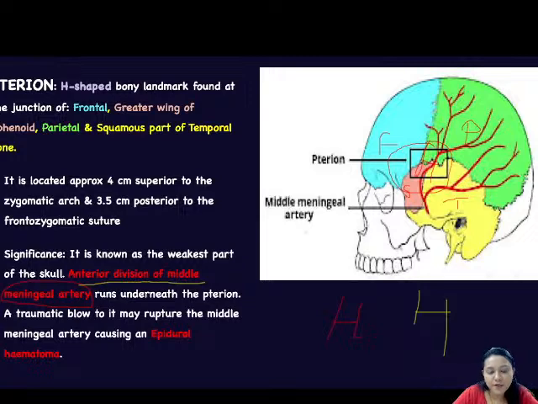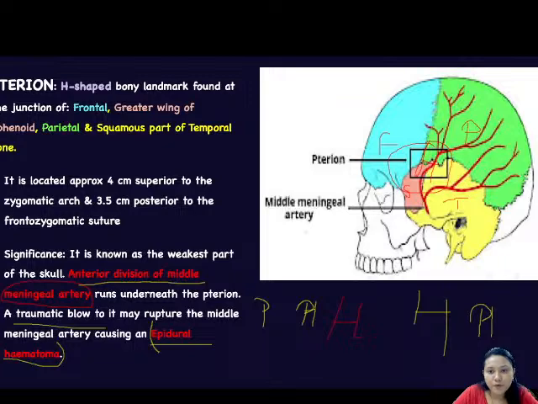This is the weakest point of your skull, so any traumatic blow to it will rupture this artery. And if there is a rupture of this artery, you will have an epidural hematoma. So for Pterion, just remember that the P is becoming the H.